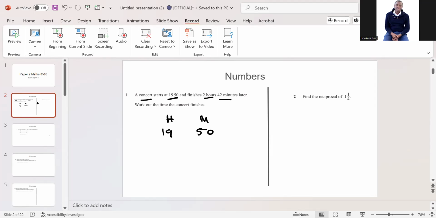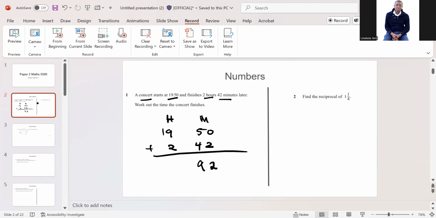It's 19 hours, 50 minutes. And it finishes 2 hours, 42 minutes later, which means we don't need to subtract, but we are going to add. So that will be 2 hours added to the 19, and 42 minutes added to the 50. Then you just add your minutes together. So that's going to give me 2, this is going to give me 9.